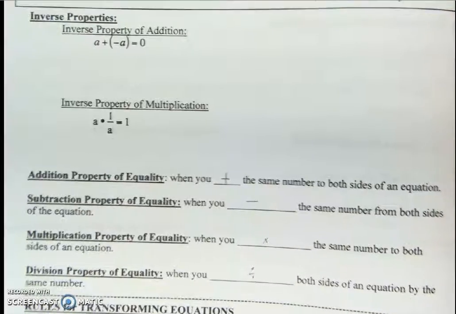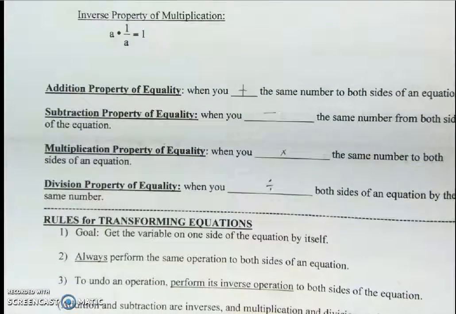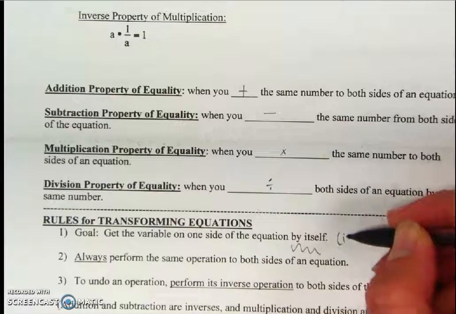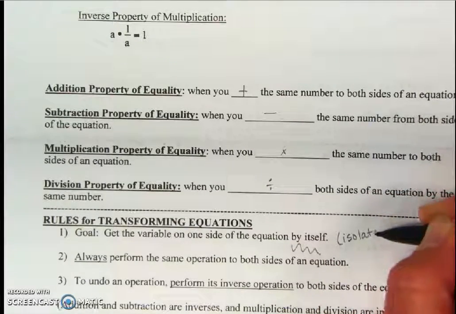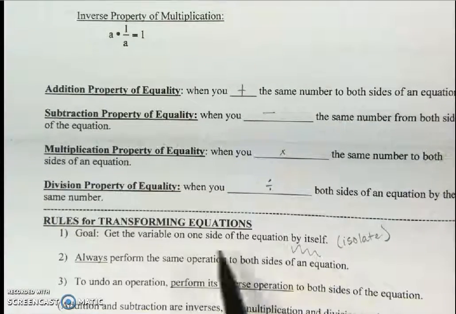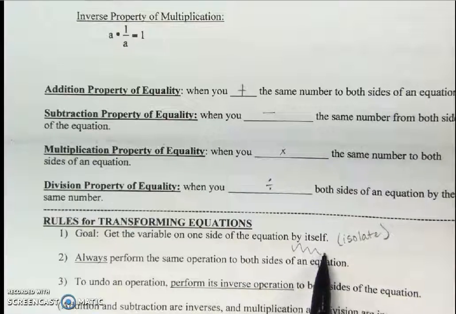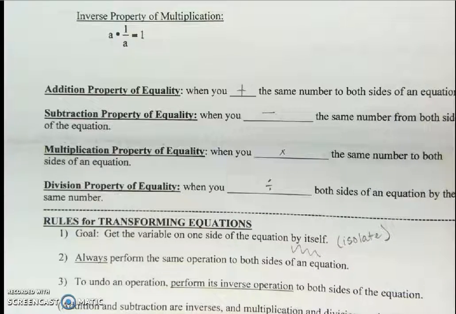All right, rules for transforming equations. The goal is to get the variable on one side by itself. By itself is also referred to as isolate. So we're going to isolate the variable. So we want the letter, the x, the y, whatever it is, to be on one side by itself so that we can see what it equals.